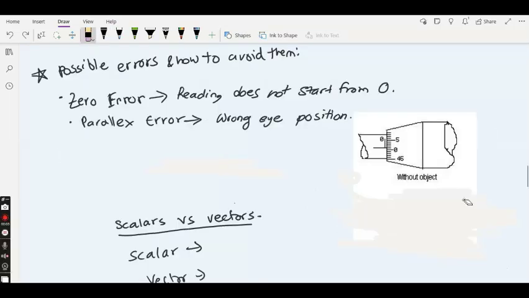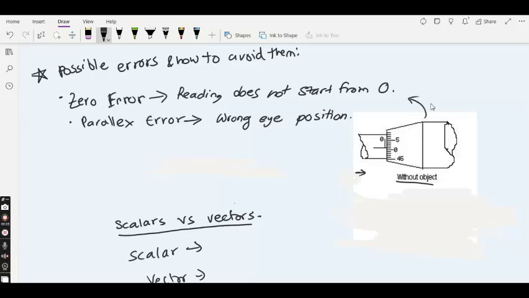Let's see some possible errors and how we can avoid them during measurements. The first one is the zero error, and this occurs when the reading does not start from zero. Let's look at this micrometer screw gauge over here. It says there is no object being measured, yet there is still a reading on the circular scale, and this is called a zero error.